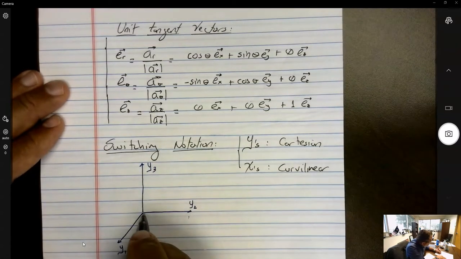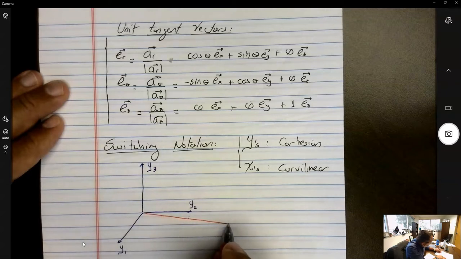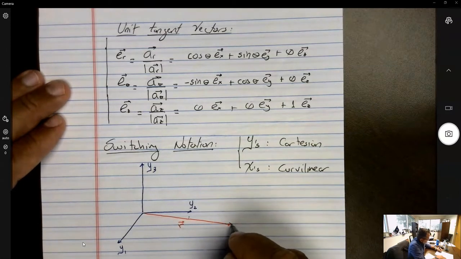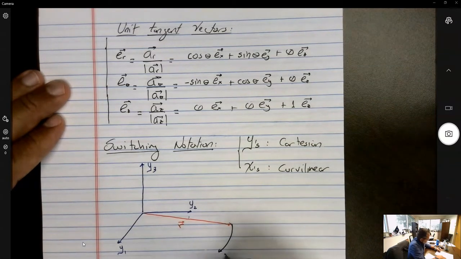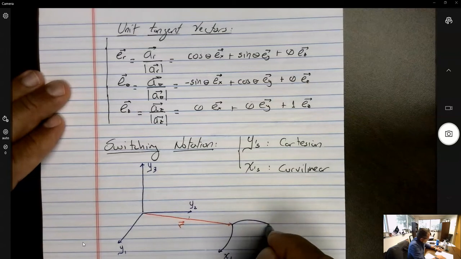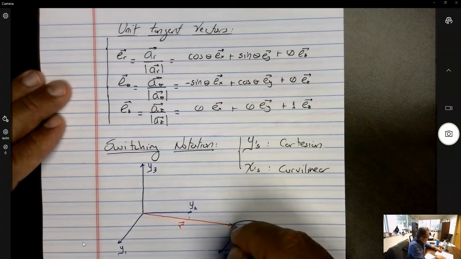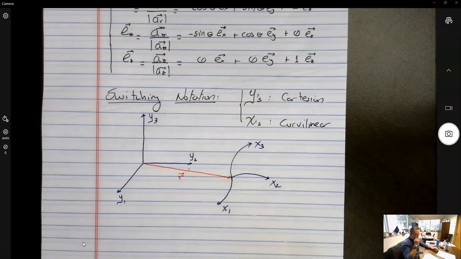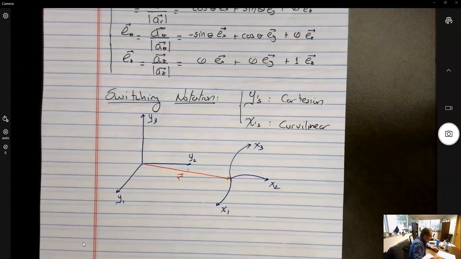And then we have the position vector, r, and it's going to reference x1, x2, and x3.